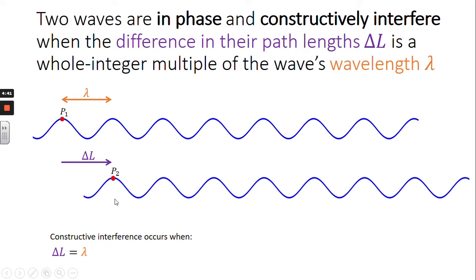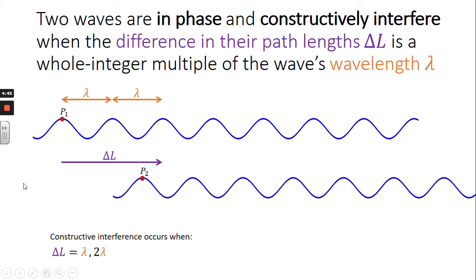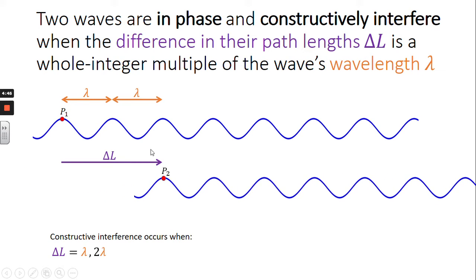But what if I slid point 2 over here? Now point 2 is two wavelengths away from point 1. But we'll notice that the waves still line up. So these waves would still add together. So we still get constructive interference, and this occurs with a path difference, delta L, of 2 lambdas.